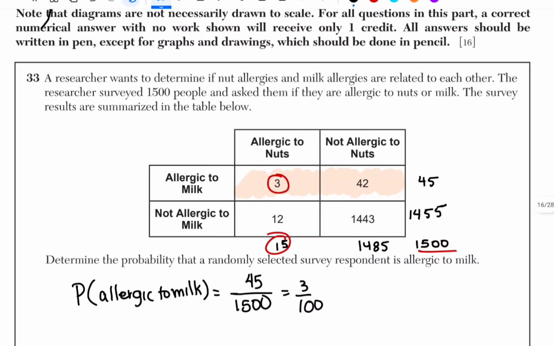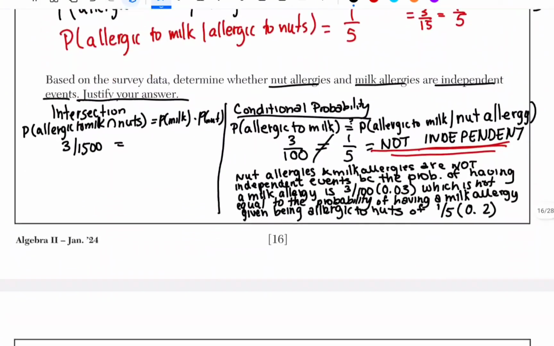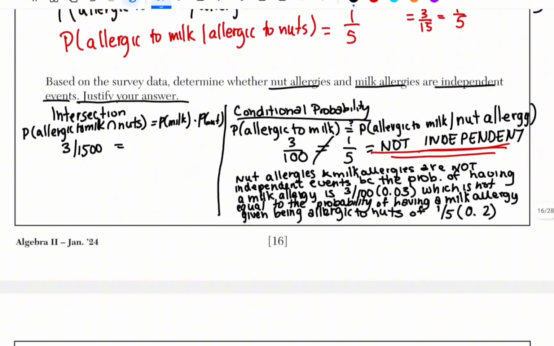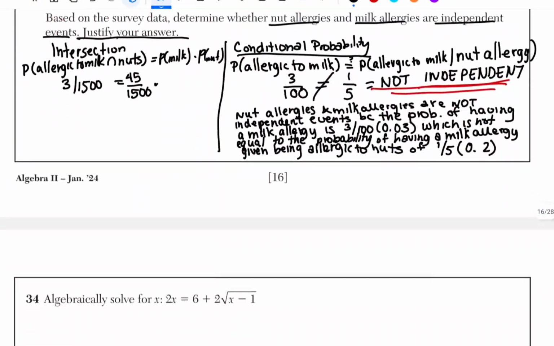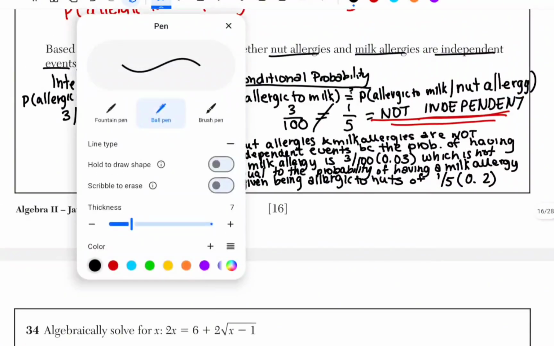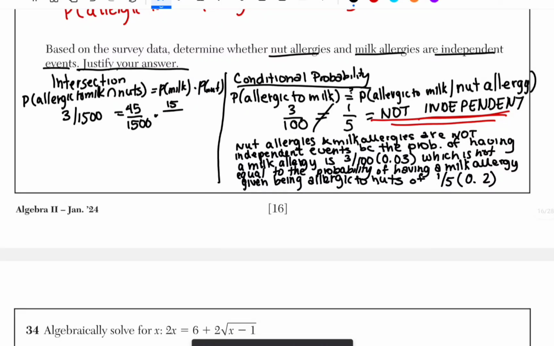Probability of being allergic to milk is 45 over 1,500. Probability of being allergic to nuts is 15 over 1,500. That product is 3e to the negative 4, and that is not equal to 3 over 1,500.